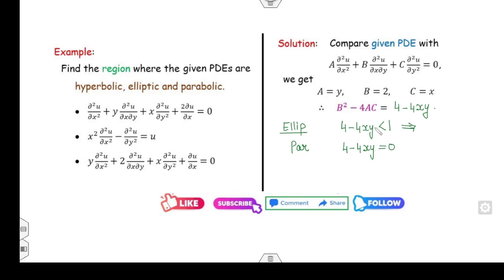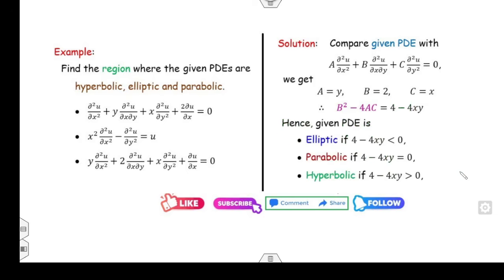So xy must be greater than 1 for hyperbolic, xy is equal to 1 for parabolic, और यहां पे xy must be less than 1 for elliptic. तो xy क्या है आपके पास? Rectangular hyperbola.